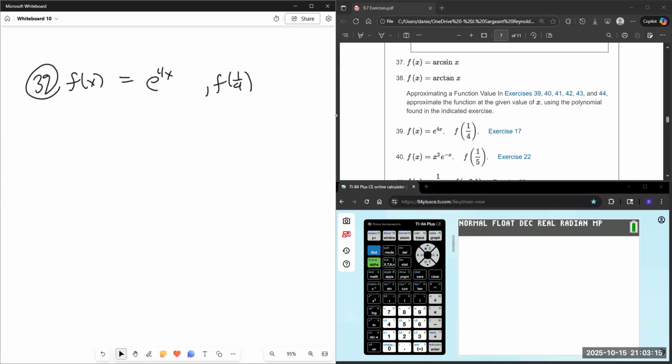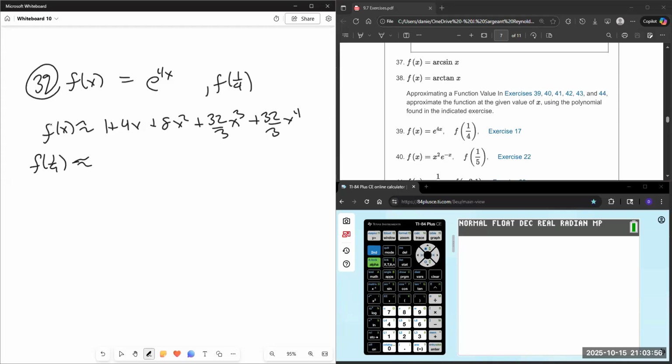We did do number 17 earlier, where f of x was approximately equal to 1 plus 4x plus 8x squared plus 32 thirds x cubed plus 32 thirds x to the fourth. Using the answer from number 17, we want to approximate f of 1/4.